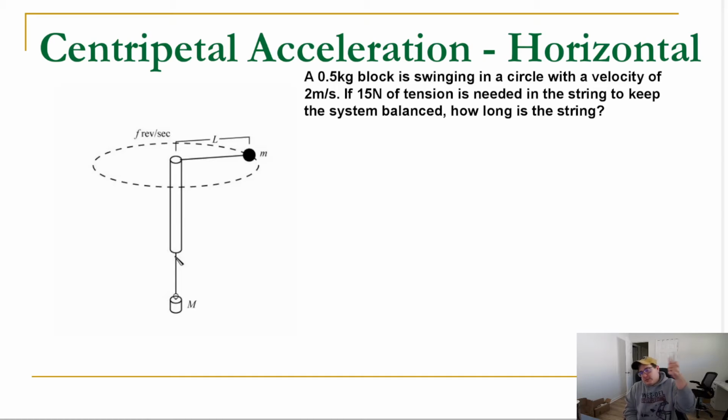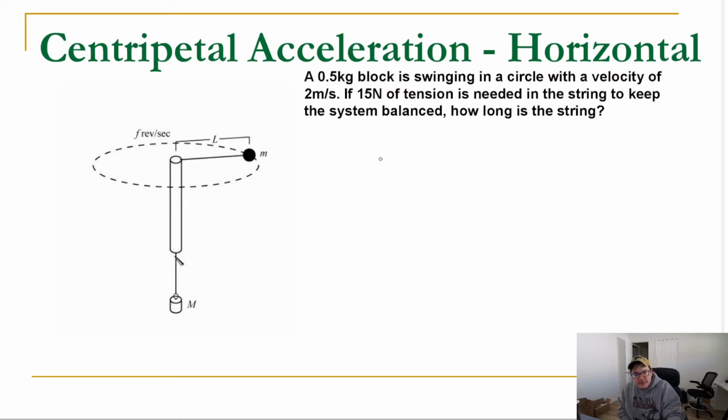You rotate a pendulum bob above your head, kind of like a helicopter blade, and the tension you create, that centripetal force, is going to create enough tension in the string that you should be able to lift a heavy object. I think it's really, really fun. If you get to it, fantastic. If not, I'm not too concerned because we're only scratching the surface on this unit. So let's read the question and see what we got.